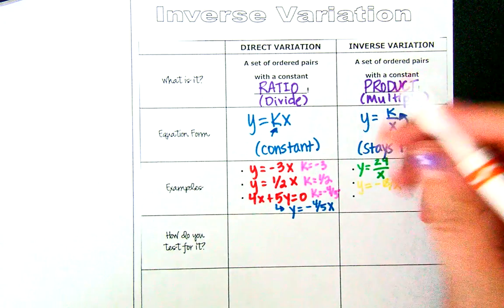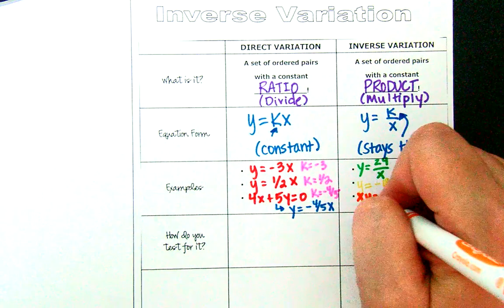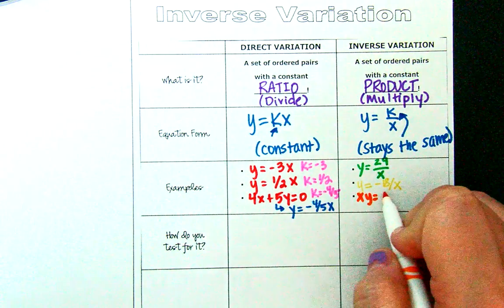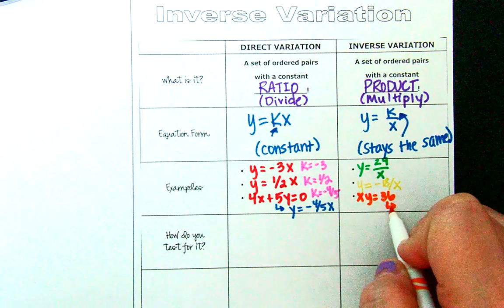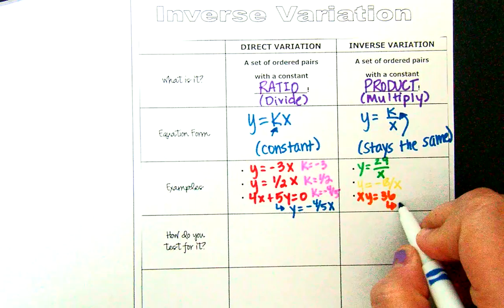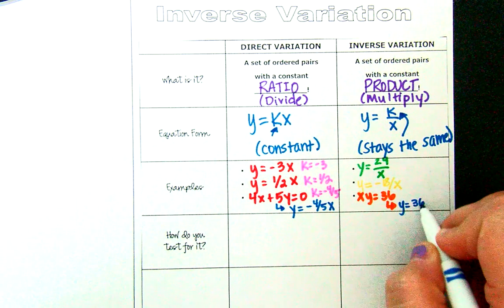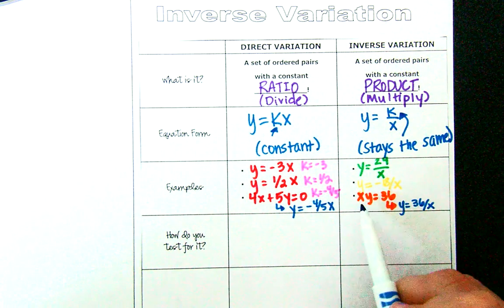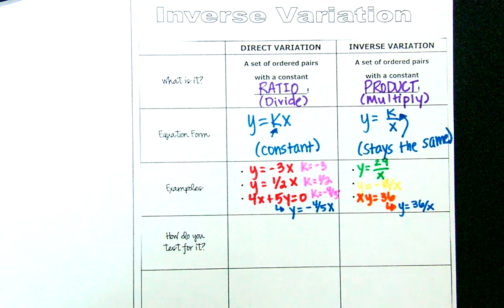And the last example would be x times y equals 36. Because again, if I was to solve this one, I would get y equals 36 divided by x, because I would divide both sides by x to get y by itself.